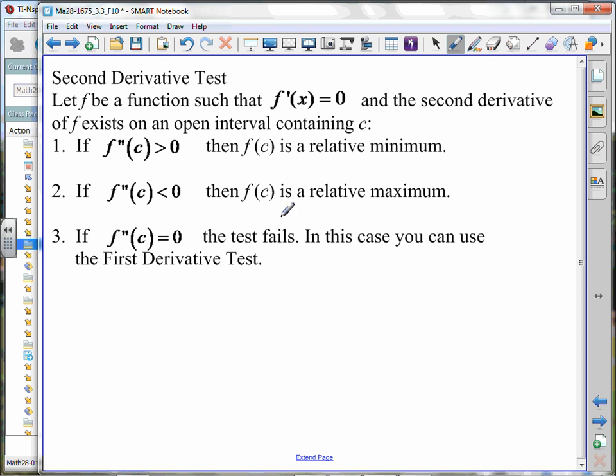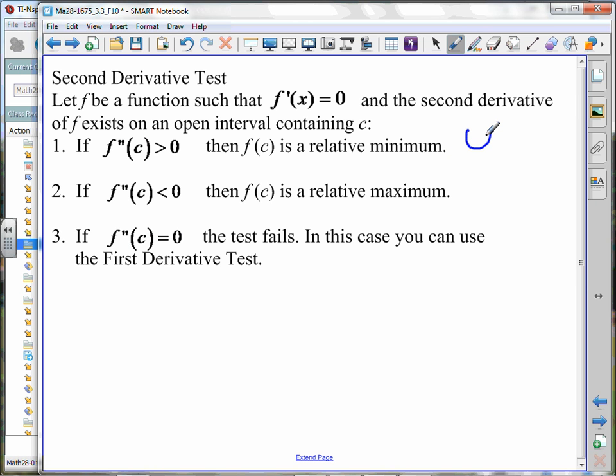Second derivative test. If I know that I have some extrema, so from the first derivative I found the critical numbers of my function, the zeros of the first derivative, then if I put that critical number into the second derivative and the value is positive, remember positive means that it's concave up.